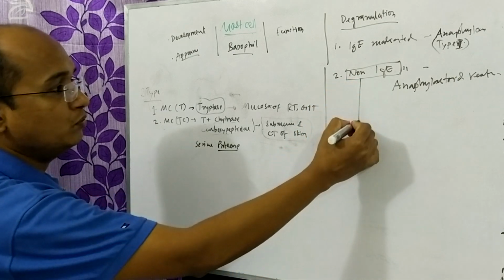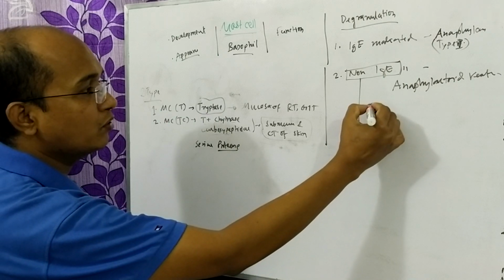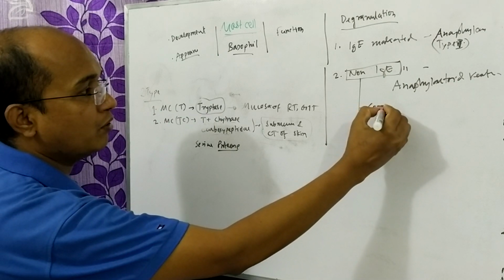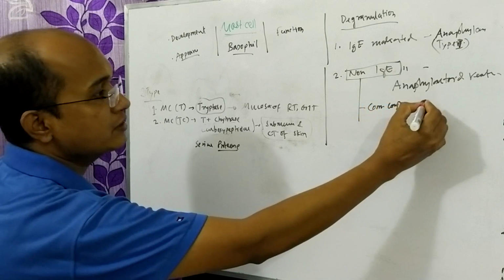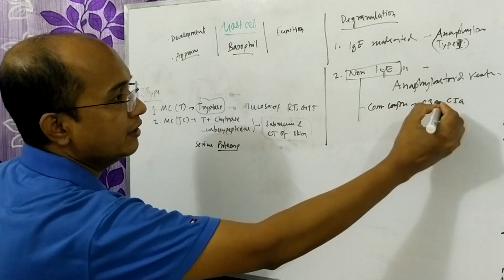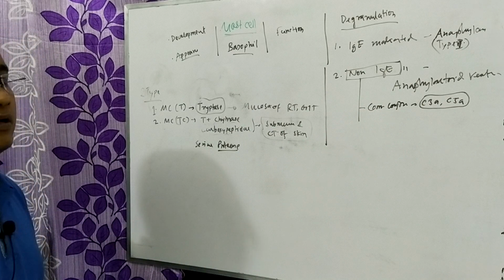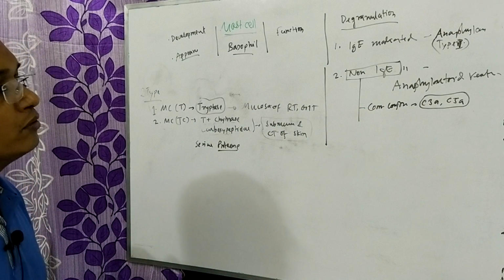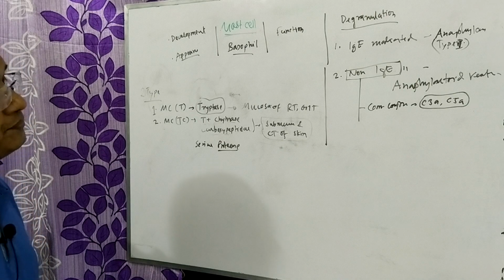Now we will see what the processes are where mast cell degranulation occurs without involving immunoglobulin E. Very important one is complement component. Who are they? C3a and C5a. These are called anaphylatoxins, the proteins or molecules in the complement activation process.